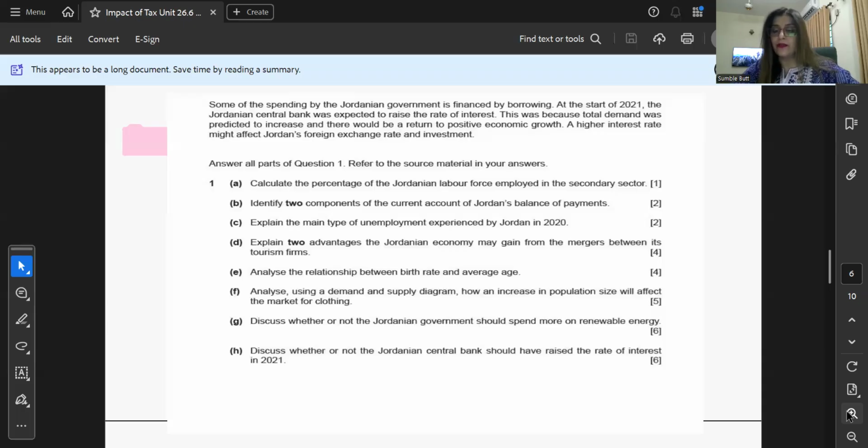So students, you may have noticed that I have not spent too much time explaining and attempting these questions because while attempting O-level exam papers, it's very important to divide your time equally between different questions.